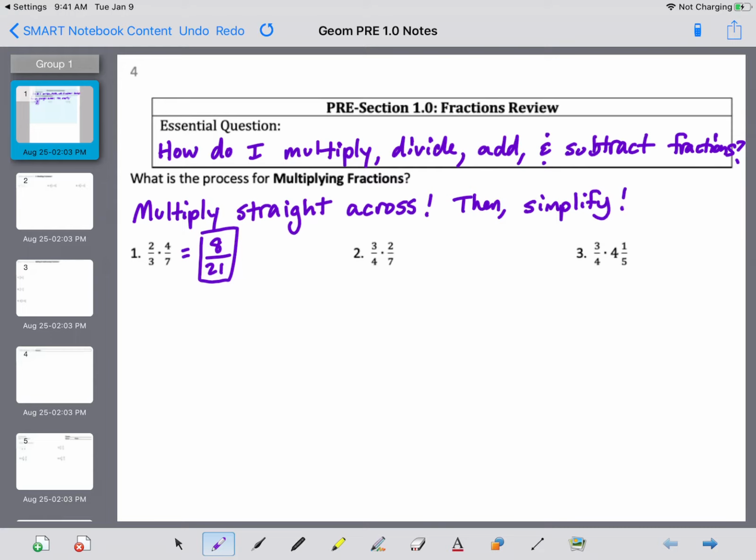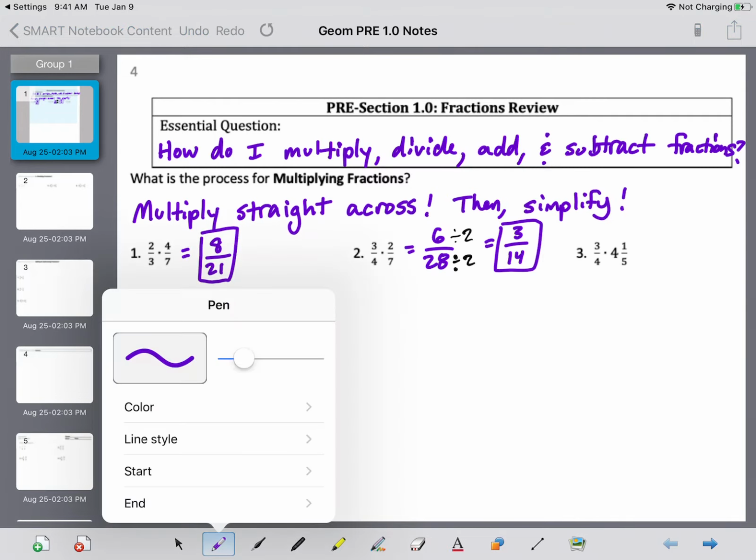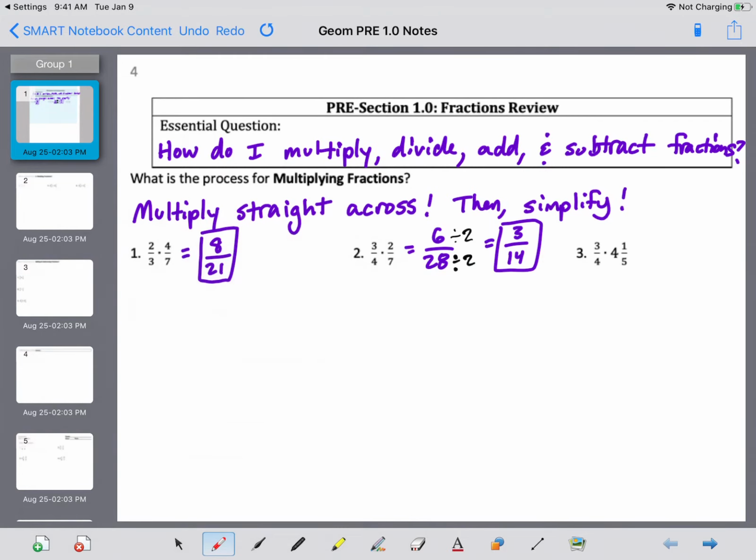Let's try example 2 here. 3 times 2 is 6. 4 times 7 is 28. And notice both 6 and 28 are divisible by 2, so we can simplify this. 6 divided by 2 is 3, 28 divided by 2 is 14, so 3/14 is our answer.